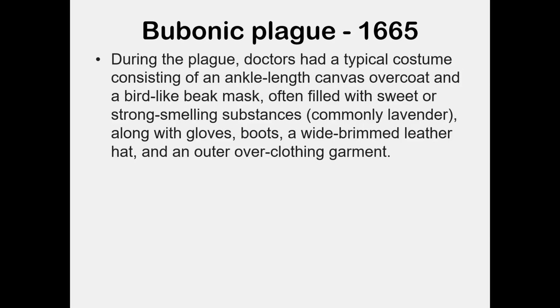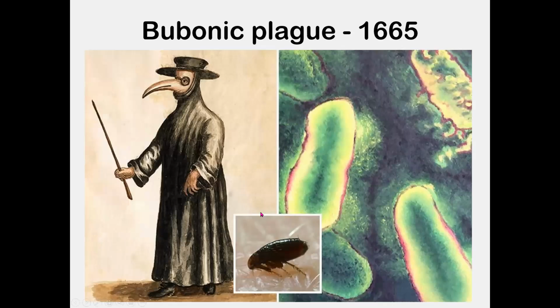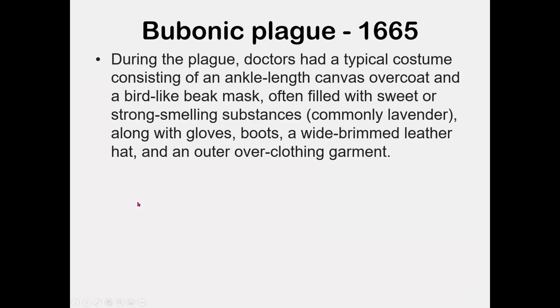They had gloves, boots, a wide brimmed leather hat. Why the hat, no idea. And an outer cloth covering garment. So the guy goes around. The stick, by the way, was for turning bodies over just to check. They didn't want to touch the body.